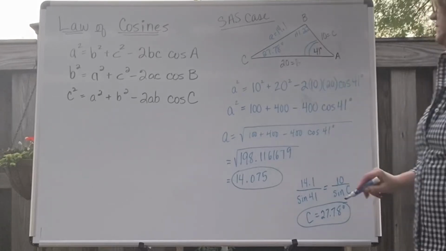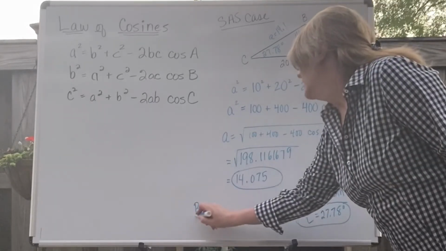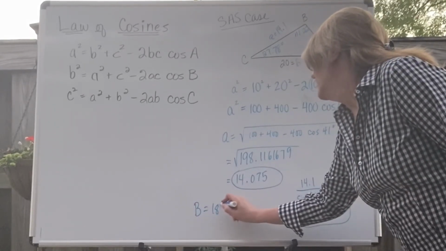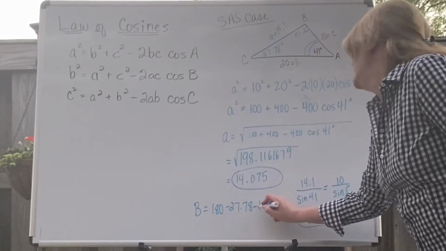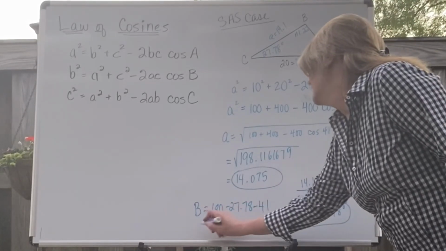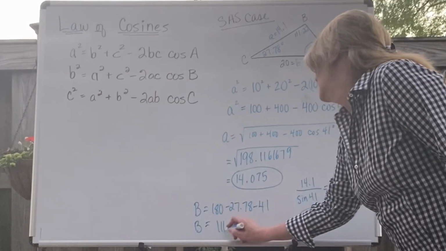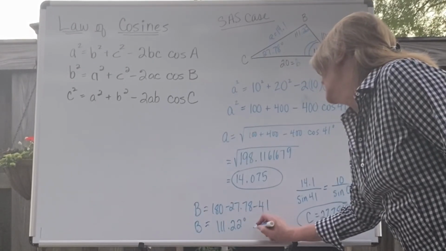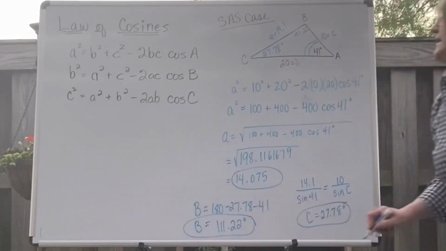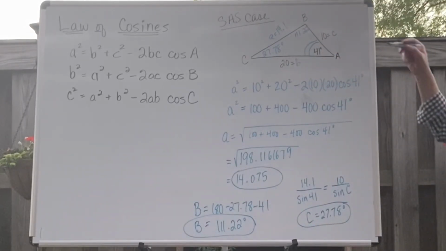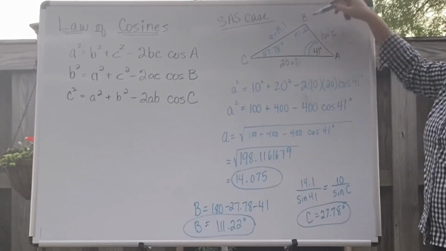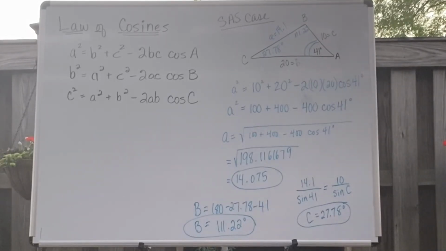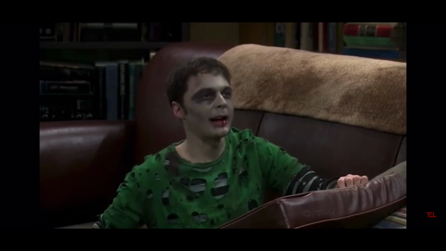So angle B is 180 minus 27.78 minus 41. And now you have solved this triangle because you have all three sides and all three angles. We're done. Bazinga! Bazinga, punk, now we're even.